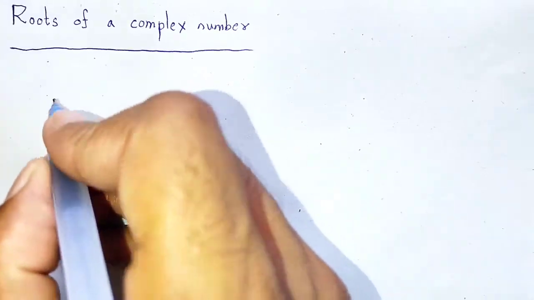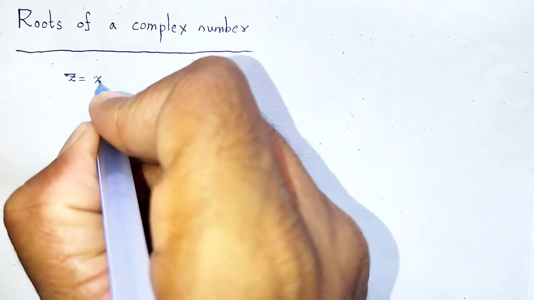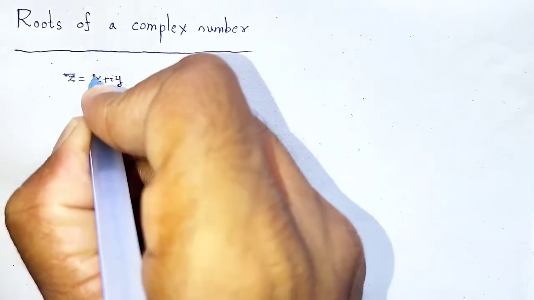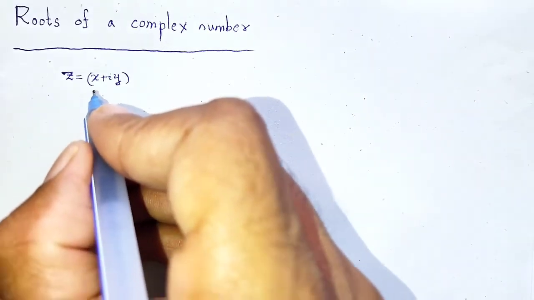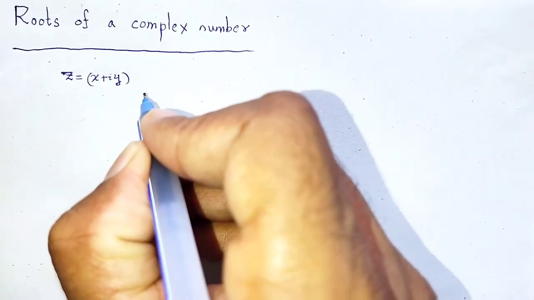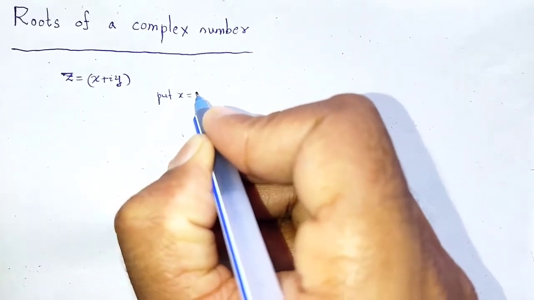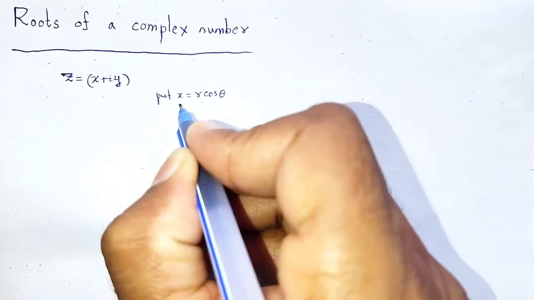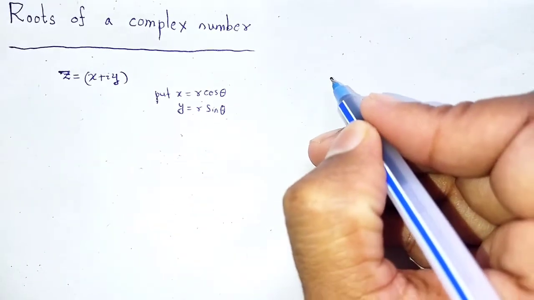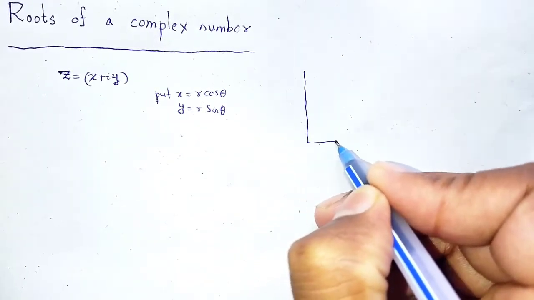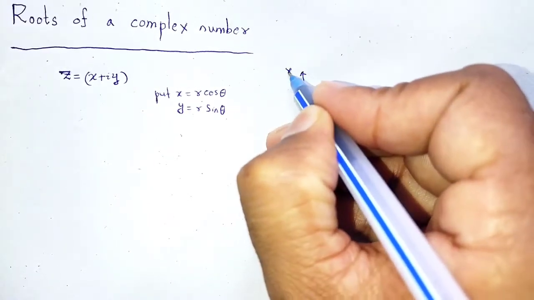We have a complex number z is equal to x plus iy. In polar form, we express it by substituting x is equal to r cos theta, y is equal to r sin theta. That is x axis, y axis.